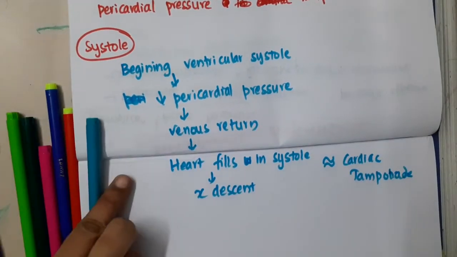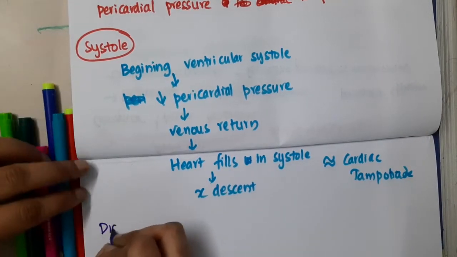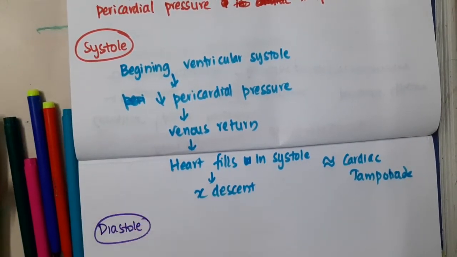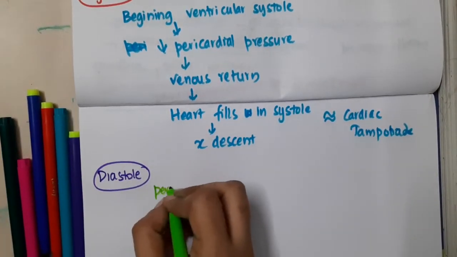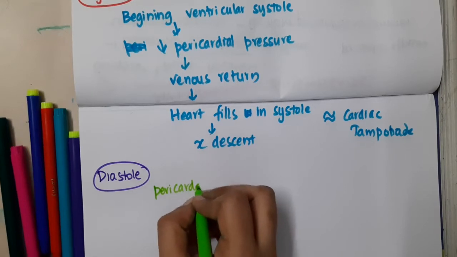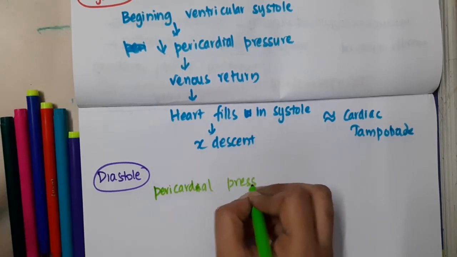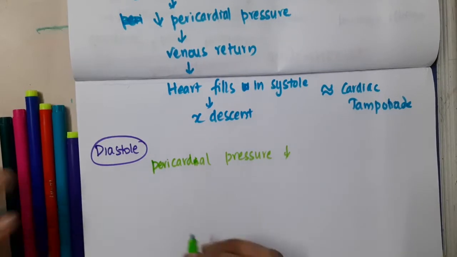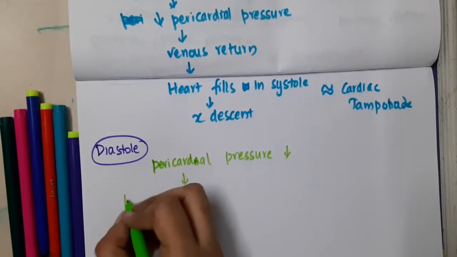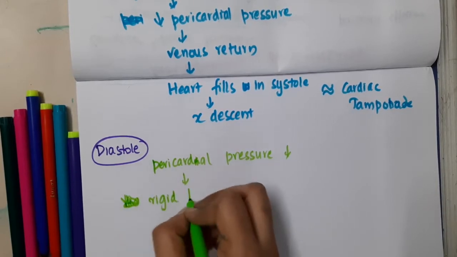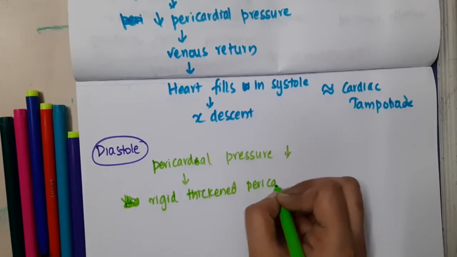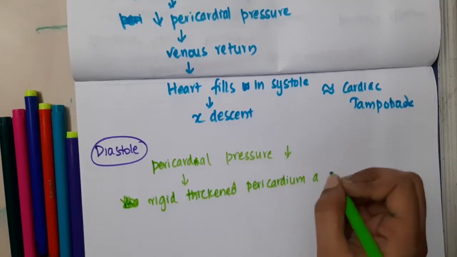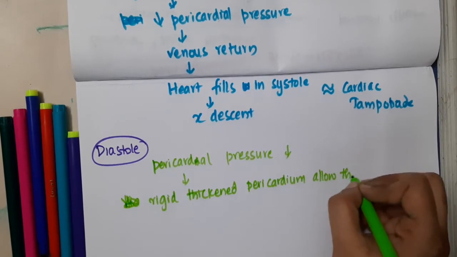Whereas now what happens in diastole? In diastole, here also pericardial pressure decreases, but this time the rigid thickened pericardium which is present will allow the heart to remain in a relaxed state.